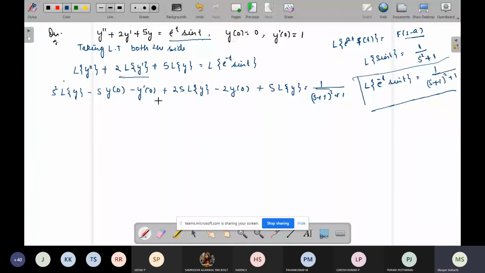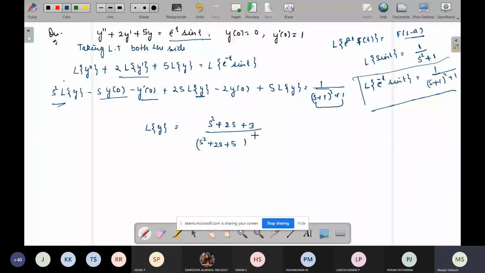if I collect the coefficient, using this 0, here 1, directly I am writing Laplace transformation of y, collecting the coefficient of Laplace transformation of y and everything into the RHS, you will get s square plus 2s plus 5, and taking the LCM, you can solve it. Directly I am writing s square plus 2s plus 5.